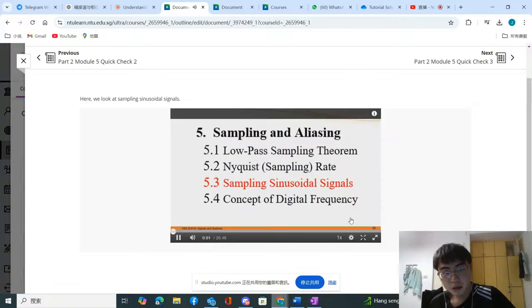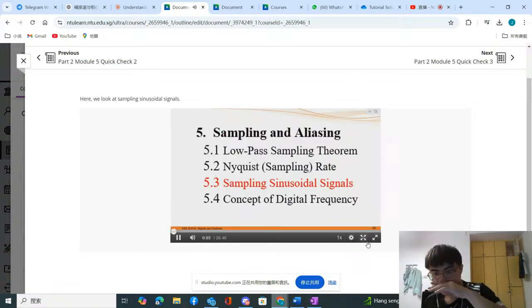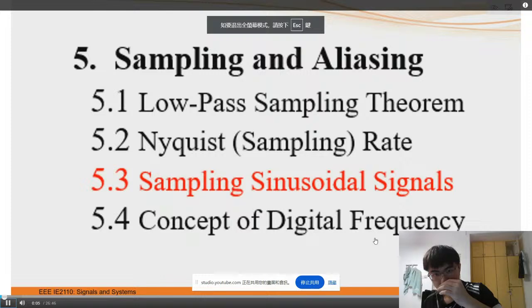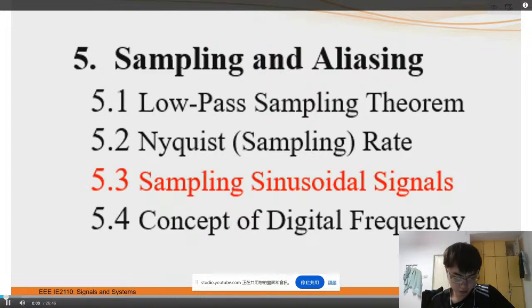We have developed the low-pass sampling theorem and the concept of Nyquist sampling rate in the previous lecture. In this lecture, we will consider sinusoidal signals undergoing the sampling process to illustrate the concept of sampling theorem in greater detail.